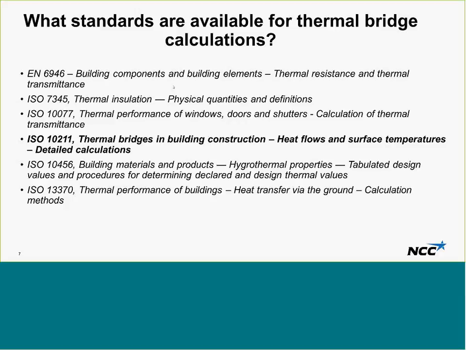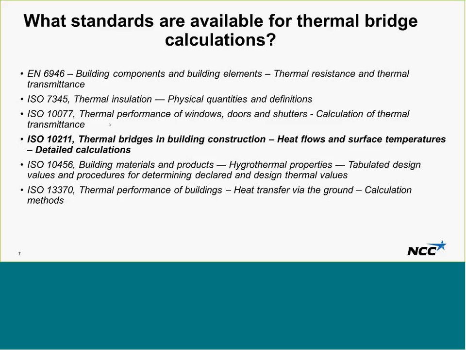We also have 7345, which talks about the physical quantities and definitions of thermal insulation. We have 10177, which talks about the thermal performance of windows and doors and shutters. So it's how you would calculate those things.